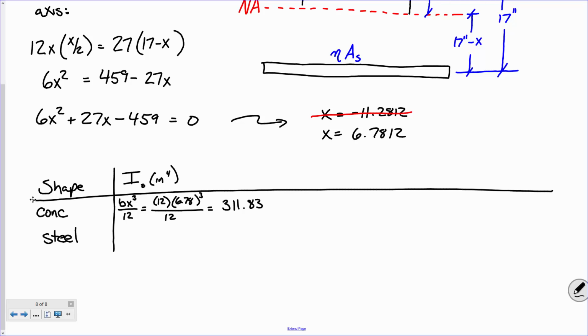So when we apply our parallel axis theorem, remember it's I plus AD squared. For the steel, we don't get any contribution from the I, it's the AD squared. Because we're just lumping it at a given point, its individual moment of inertia is 0. That doesn't mean we don't get any contribution from it.